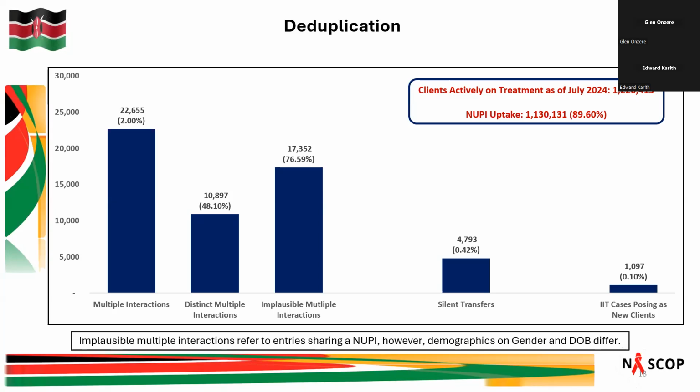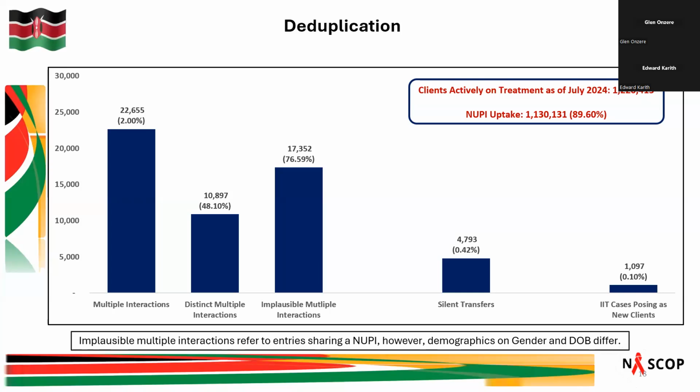Then we had another 4,793 who transferred from one facility to another without informing the primary facility, and thus were termed as IIT while they are active in this other facility. And we had other 1,097 who presented as new clients in one facility, and they are termed as IIT in the primary facility.